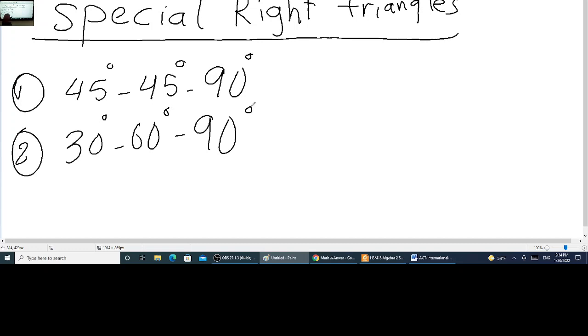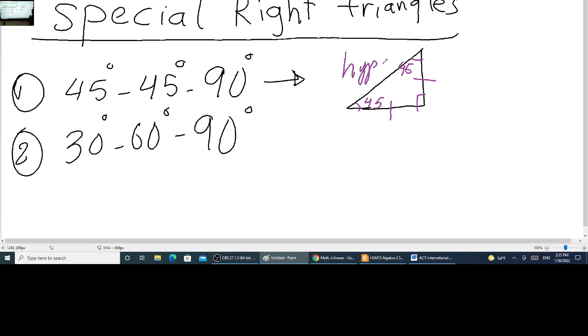So, if you have a right triangle with angles 45, 45, 90, like this, this angle is 45 and this angle is 45, then this side equals this side, right? And this is the hypotenuse.